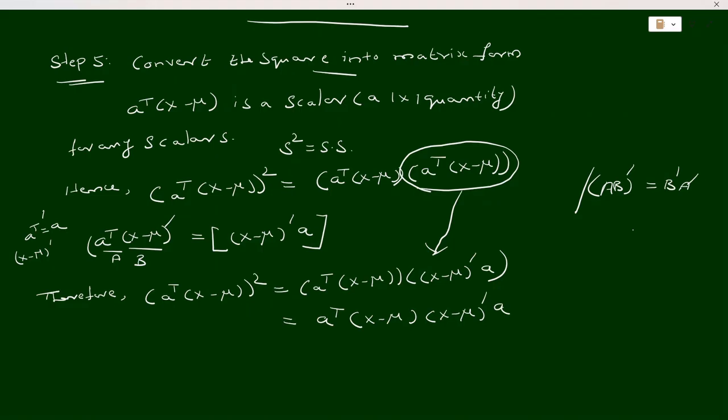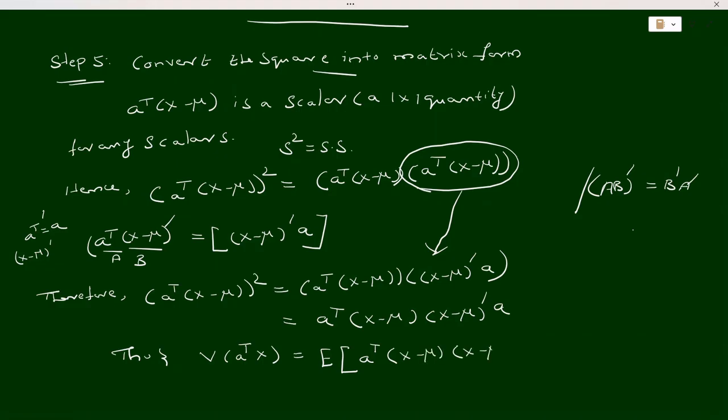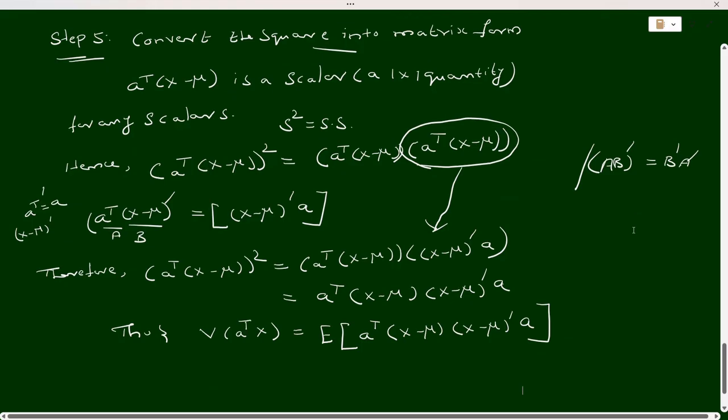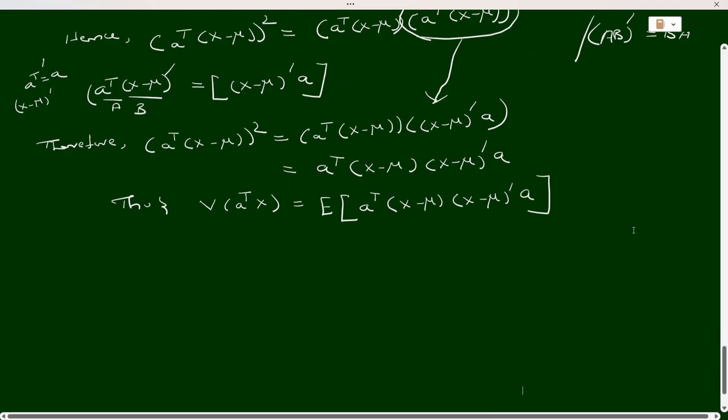We are substituting here, in this place, what we have transformed. Rearranging, thus the variance of a transpose x is nothing but expectation of a transpose (x minus mu)(x minus mu) transpose a. So this is the variance of a transpose x.